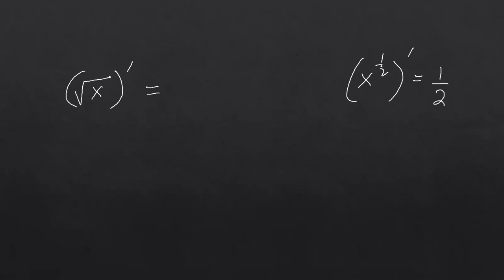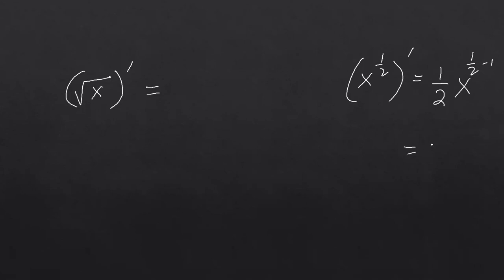So if you have the square root of x and you find the derivative of that, commonly what we will be doing here is converting that square root into an exponent. Then we just use the power rule, wherein you bring down your exponent, and it becomes 1/2 x to the power of 1/2 minus 1.